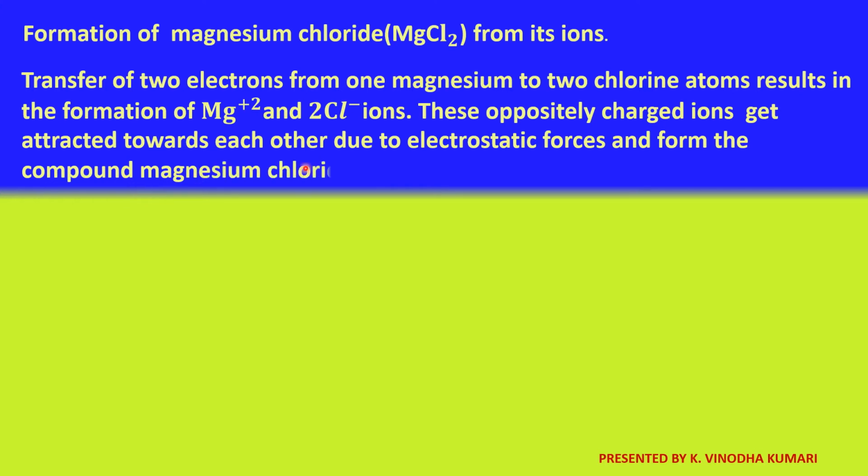Now we'll write the Lewis dot structure for magnesium chloride. Magnesium, we have seen the atomic number 12 and the configuration 2, 8, 2. That is 2 electrons in its outermost shell.